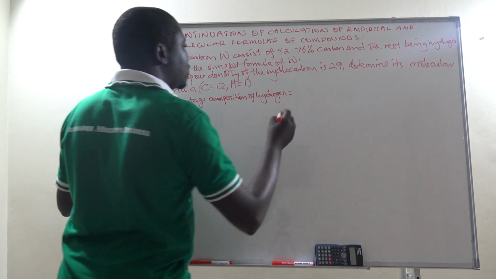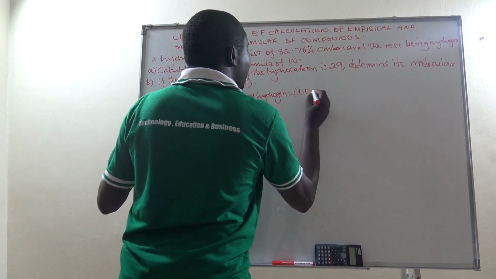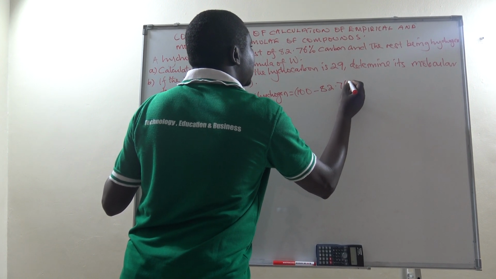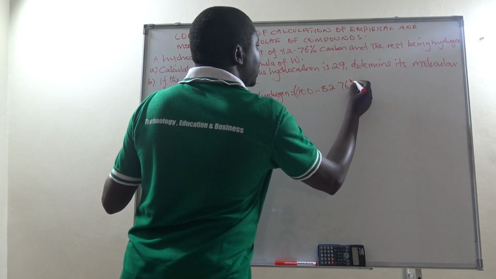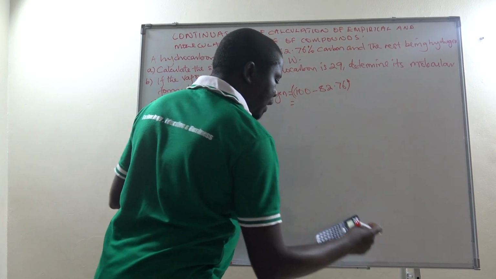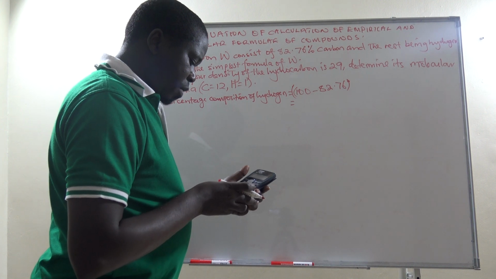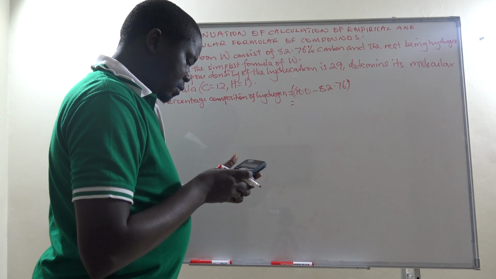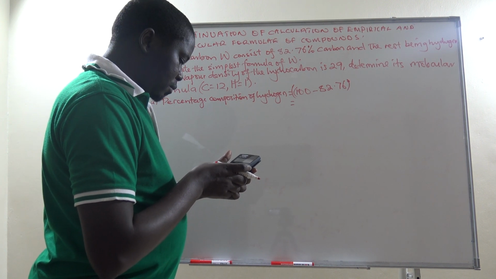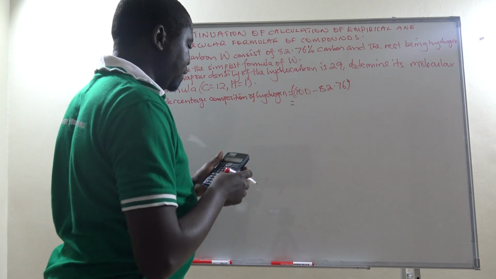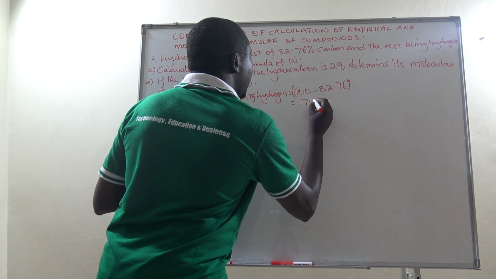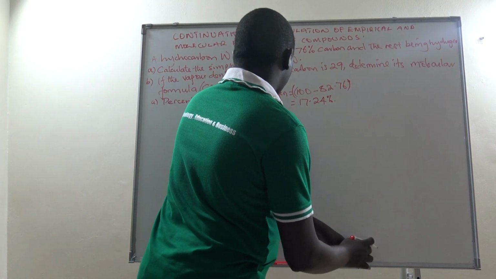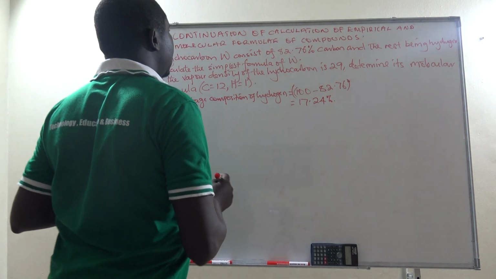The percentage composition of hydrogen will be 100 minus 82.76, and this one will give us, let us use our calculator, 100 minus 82.76, this one gives us 17.24%. This is the percentage of hydrogen in this hydrocarbon, W.